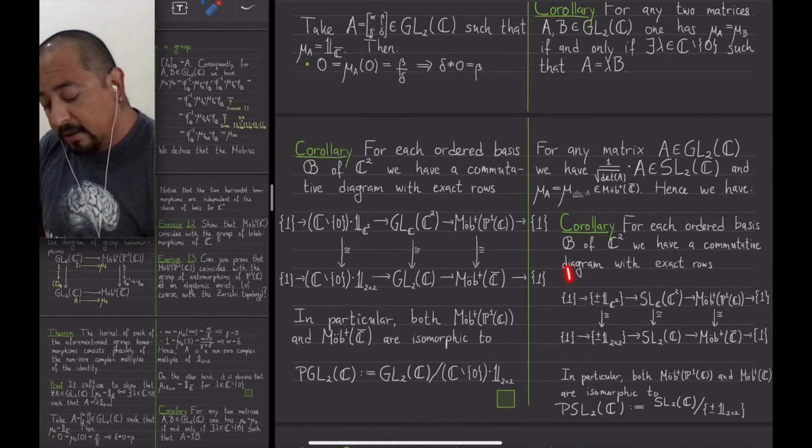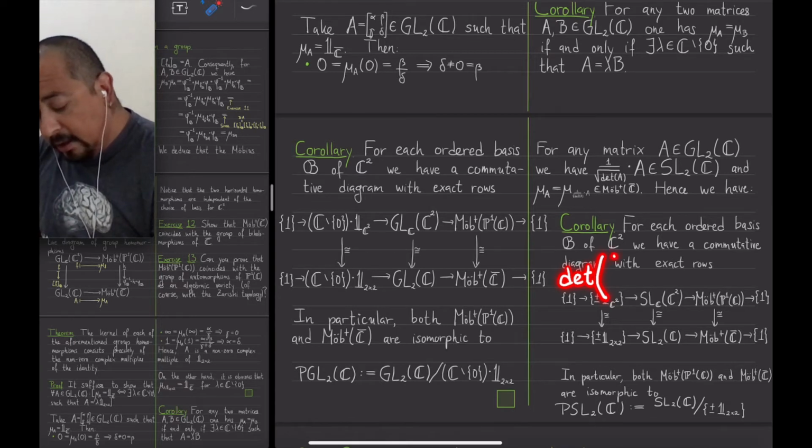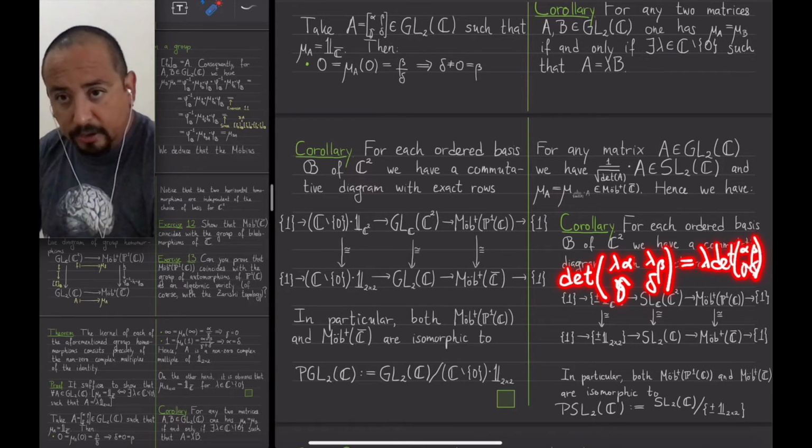So the determinant of lambda alpha, lambda beta, gamma, delta is equal to lambda times the determinant of alpha beta gamma delta, and similarly for the other row.